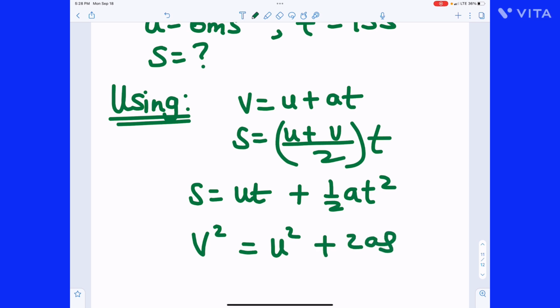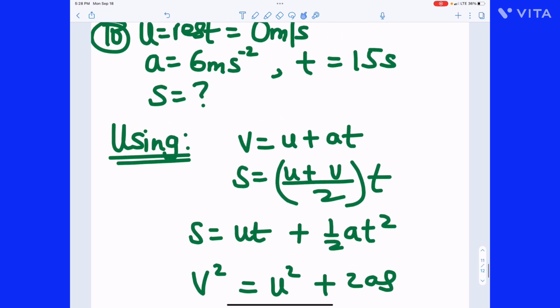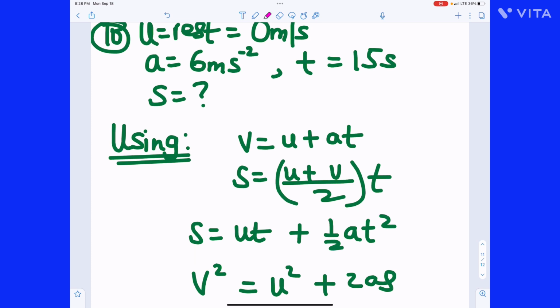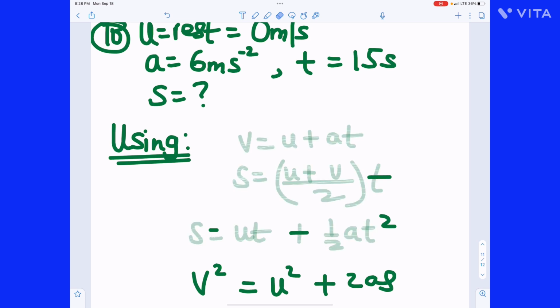Which one of these equations connects only U, A, T, and S? It is this third one. That's how we choose the equation to use for any question on linear motion. S is UT plus half AT squared is the most suitable equation in this case.